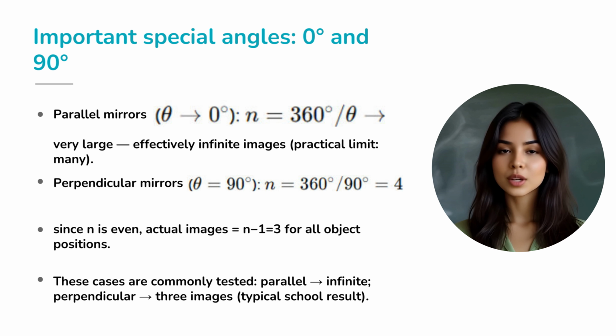Now for perpendicular mirrors, that's theta equals 90 degrees. n equals 360 divided by 90, which equals 4. Since 4 is even, the actual number of images is n-1, which is 3. And yes, if you stand in a corner with two perpendicular mirrors, you'll always see 3 reflections of yourself. So, infinite for parallel, 3 for perpendicular, easy numbers to keep in your exam toolkit.